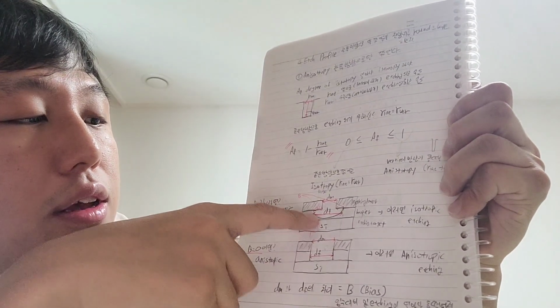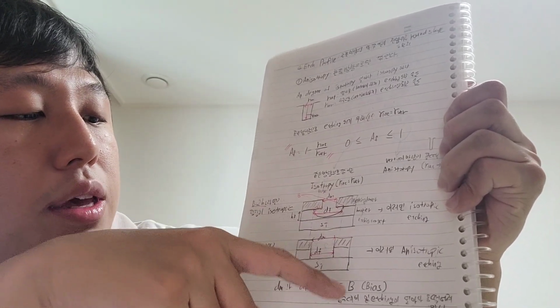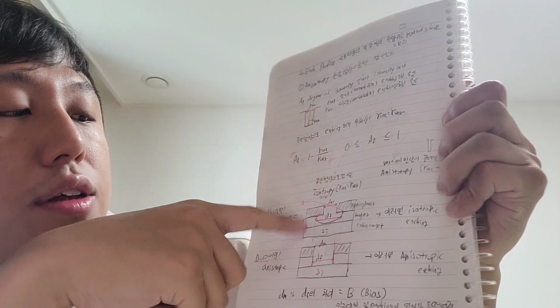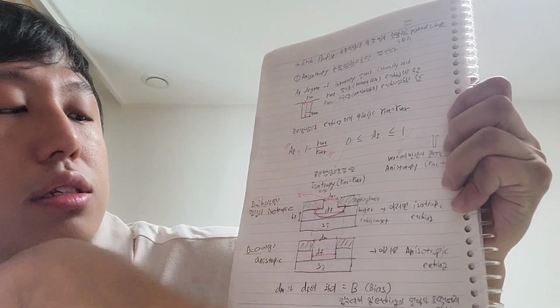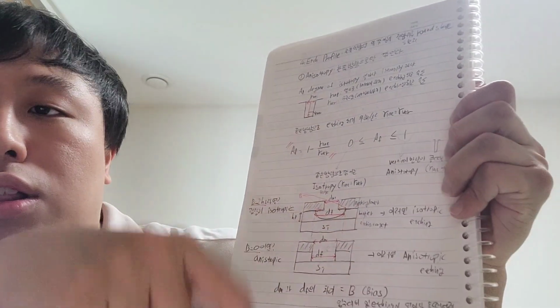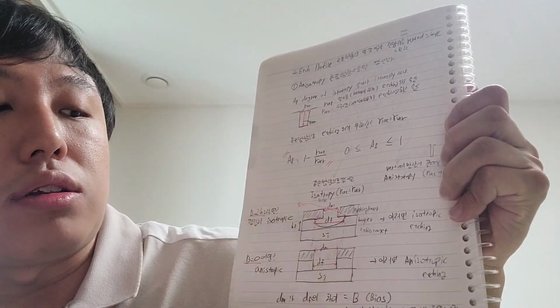And normally if B is 2HF here, this is isotropy etching, and this is anisotropy etching.